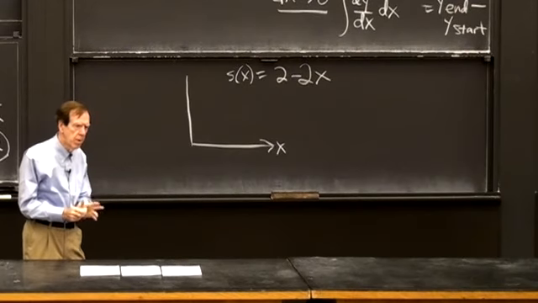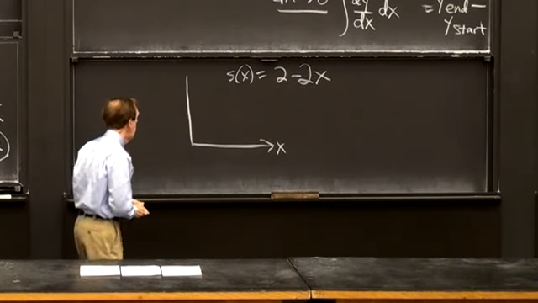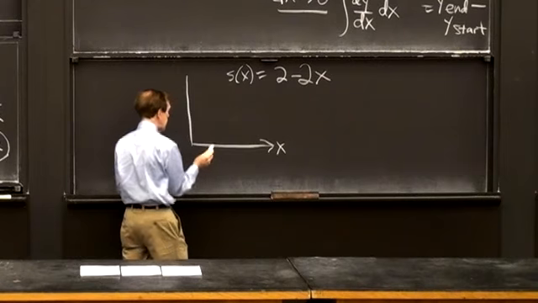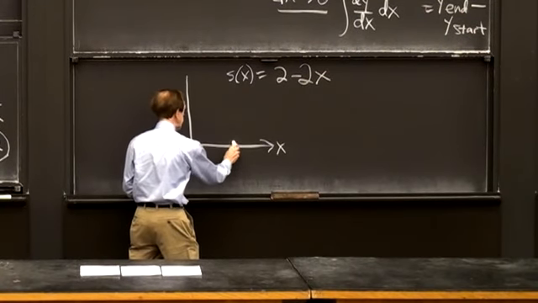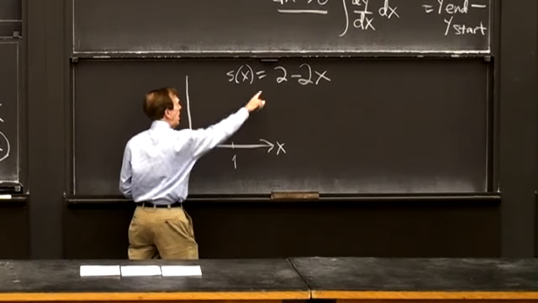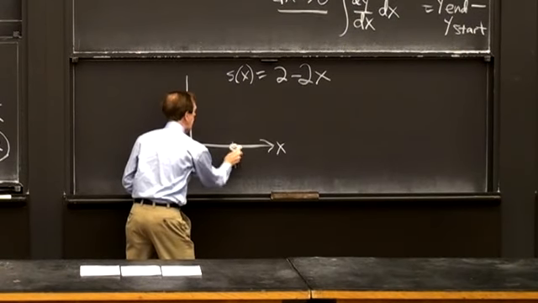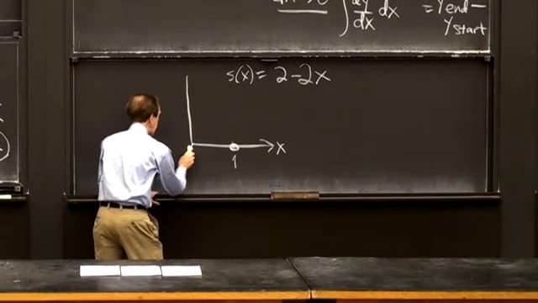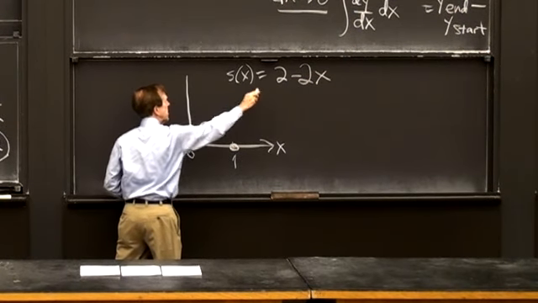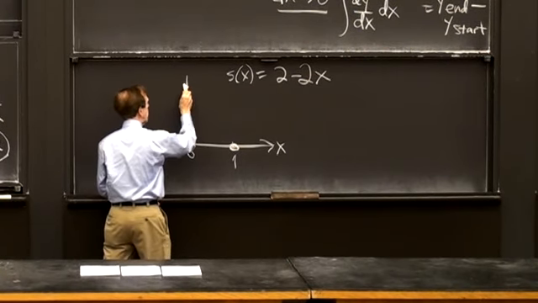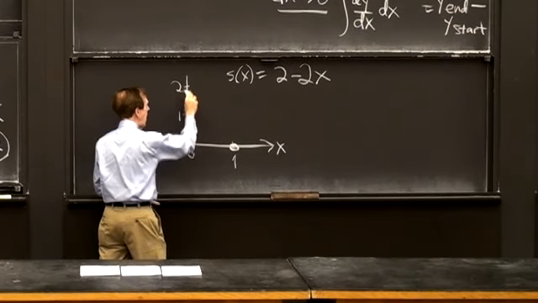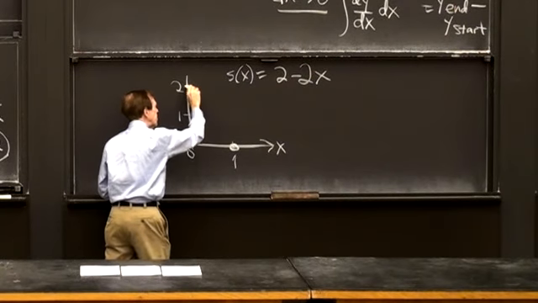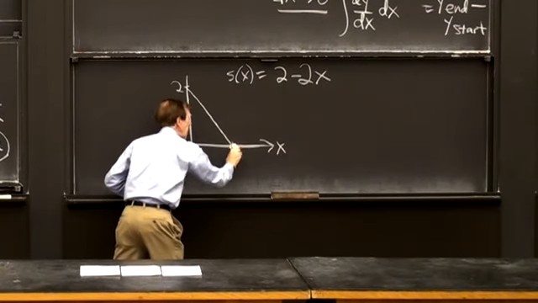We'll be able to see what's happening here. Okay, so let me graph it, because I want to do this now with the graph. So at x equal 1, s of x has dropped to 0, where at x equal 0, it started at 2. So it started somewhere here. Here was 1, it's halfway down. It's going to come down in a straight line. And let me stop there.